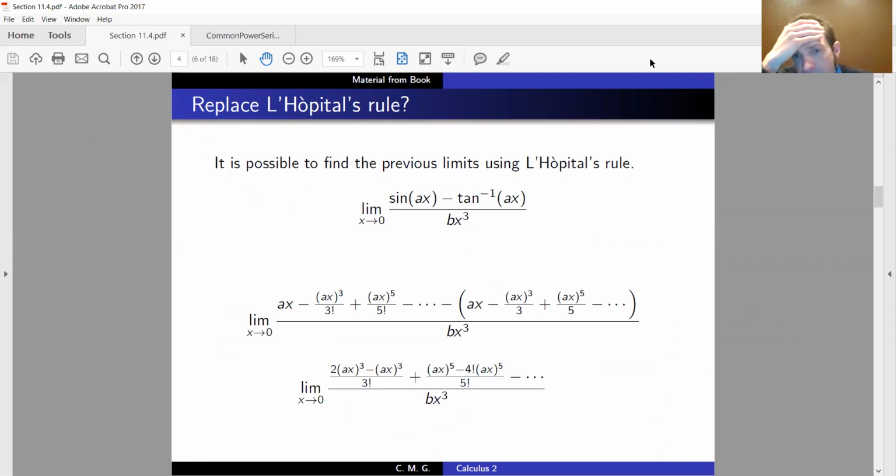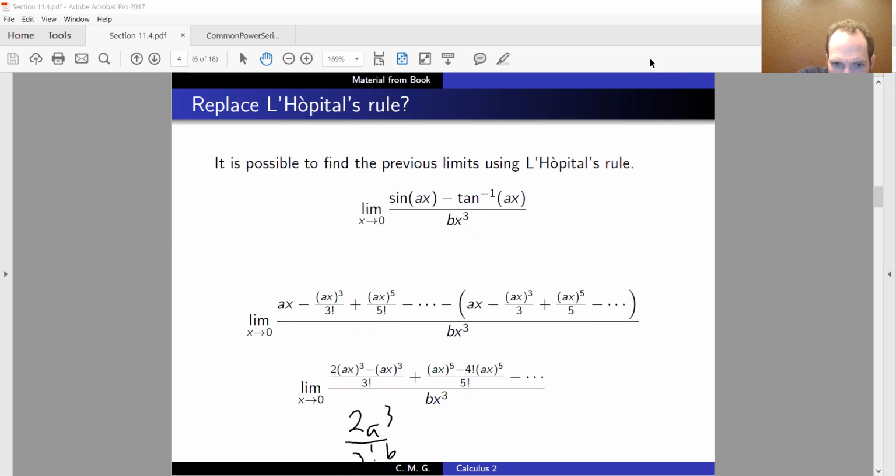And then I can do the same for the 5 terms. So that you get a to the 5th, x to the 5th, minus 4 factorial a to the 5th, x to the 5th over 5 factorial. And I go from there. I can slide this x cubed into the denominator of each of those fractions. And in the first one, the x cubes will cancel, and I will be left with a 2a cubed over 3 factorial b.